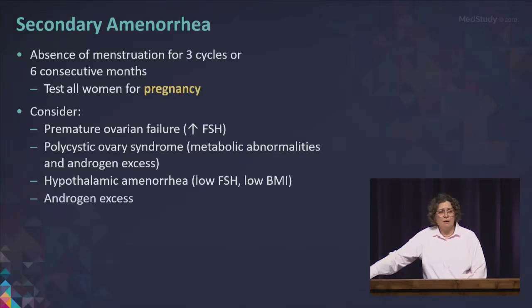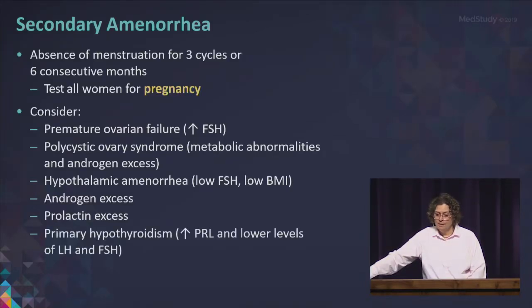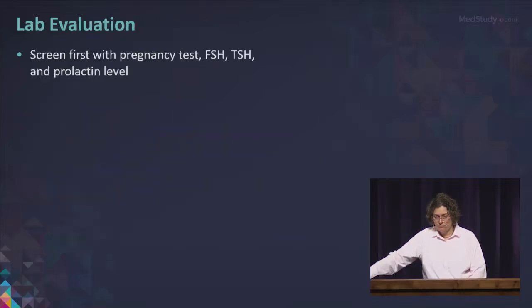Androgen excess, outside of the context of PCOS, we're talking about ovarian tumors, adrenal tumors, congenital adrenal hyperplasia, prolactin excess, and primary hypothyroidism. So that's failure of your thyroid, most common etiology, Hashimoto's. And here you're going to see that the hypothyroidism causes hyperprolactinemia, which then will shut off sex hormone production.